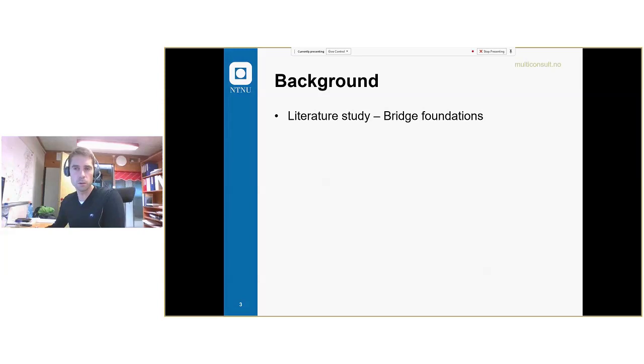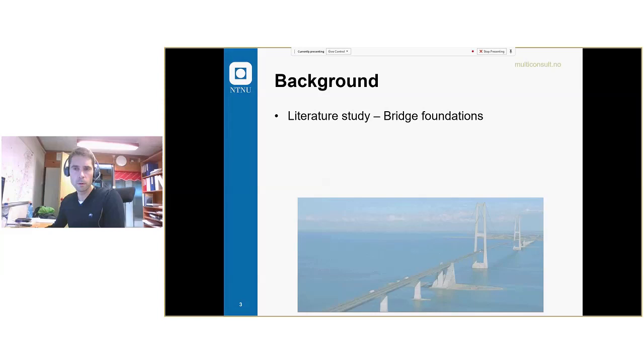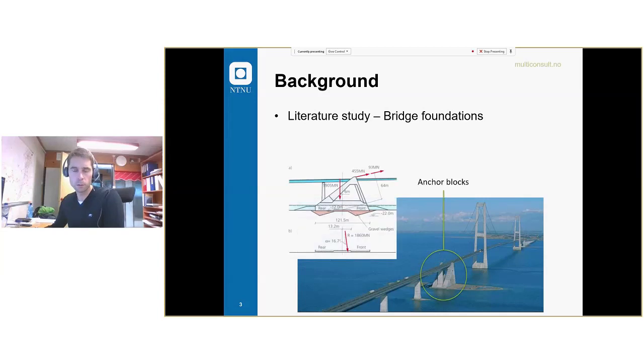So I therefore started up with a study on large bridges. I have a few examples here. This is the Storebelt bridge. The main cables are anchored to an offshore gravity structure installed at some 12 meters of water depth. The main span is about 1600 meters.